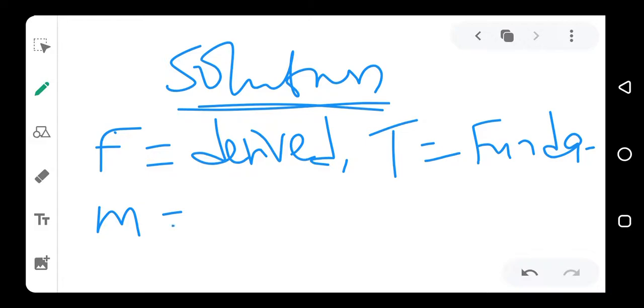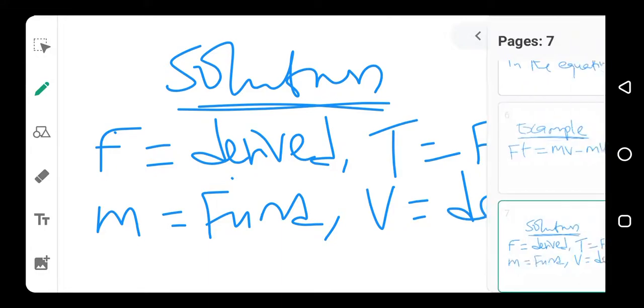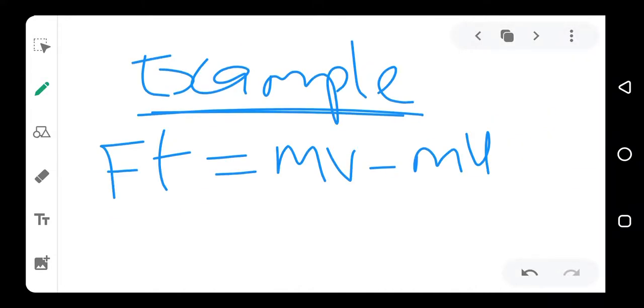We have m, a fundamental quantity, and v, which is a derived quantity. Then we have another m, a fundamental quantity, and u, which is velocity, but initial velocity.